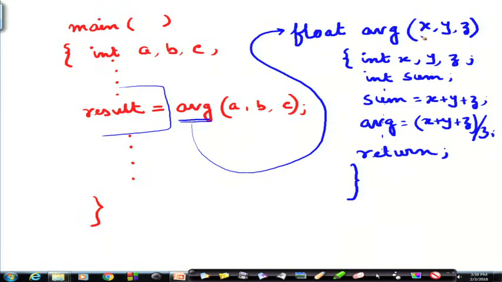AVG requires 3 parameters x, y, z, and x, y, z are all integers. And I could have written, there is another way of writing it, int x, int y, int z. That is also possible, but later we will see that. Now, A, B, C, there is a correspondence between A, B and C with x, y and z, and they are matching in the type.